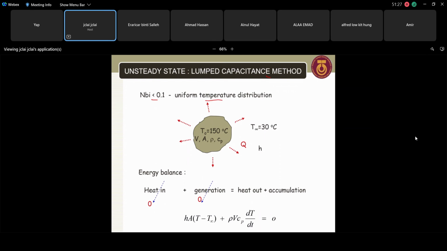temperature distribution. Okay, this is how the lumped capacitance method equation is derived. It's based on the energy balance equation. So we know that there is no heat in, there is no heat generation, right? Then heat is being released to the surrounding, right?